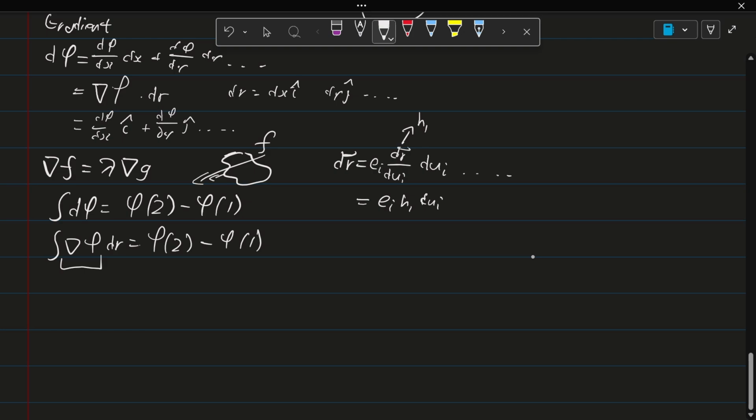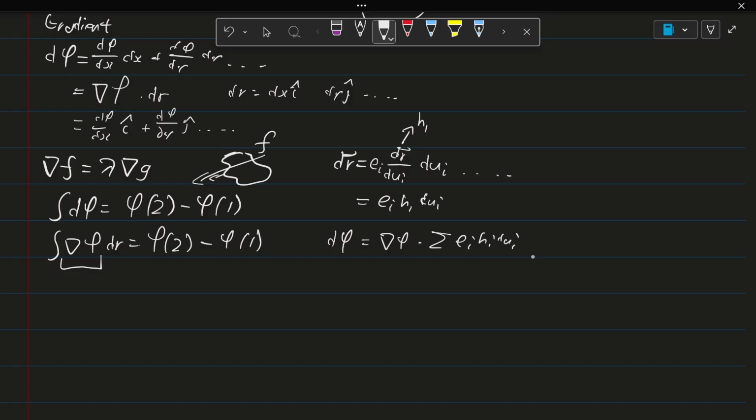After that, we can now express what the d phi is straight away. Because d phi is going to be the gradient of phi dot this sum of ei hi dui, right?